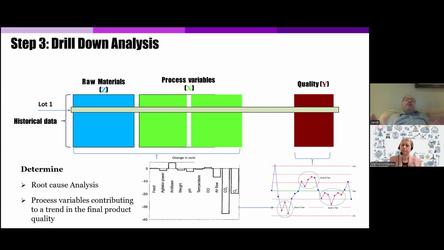We need to have an explanation, a scientific explanation of what's going on. But this is how we can do a drill down analysis. And instead of investigating all those 1,000 variables, we can investigate a bunch of 10 or 15 variables that are most likely related to what's contributing to poor quality attributes.